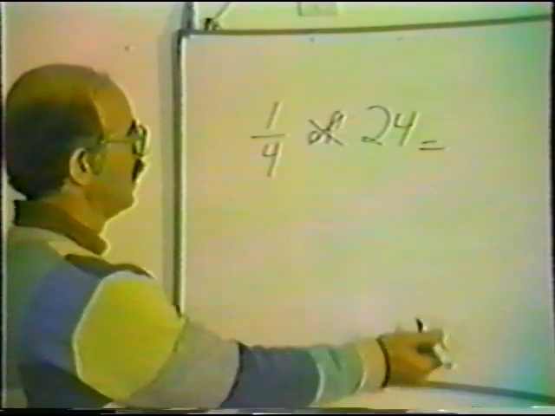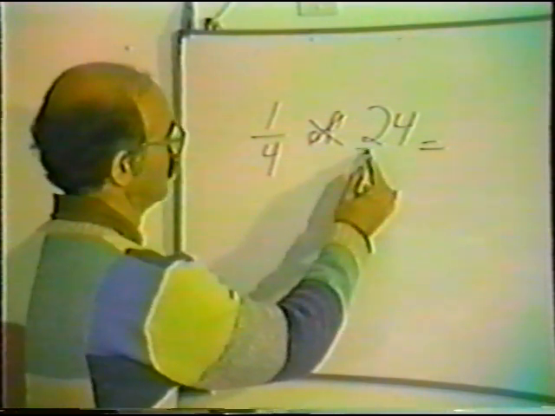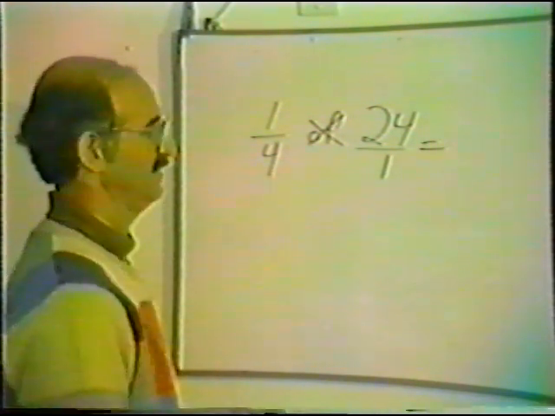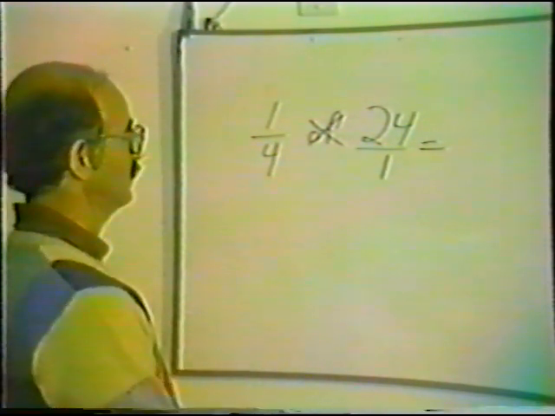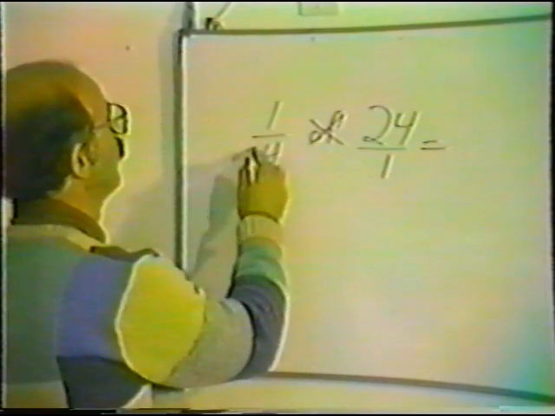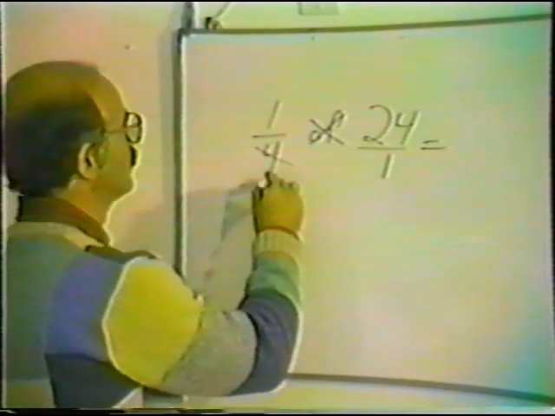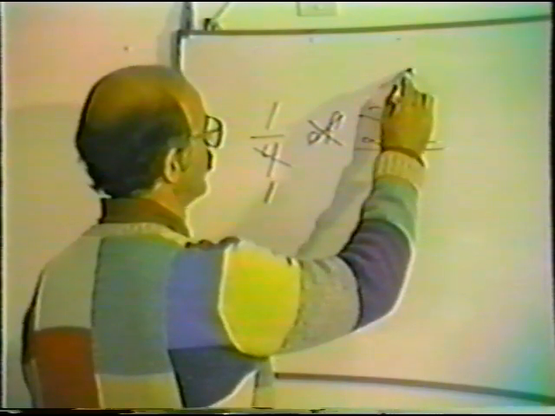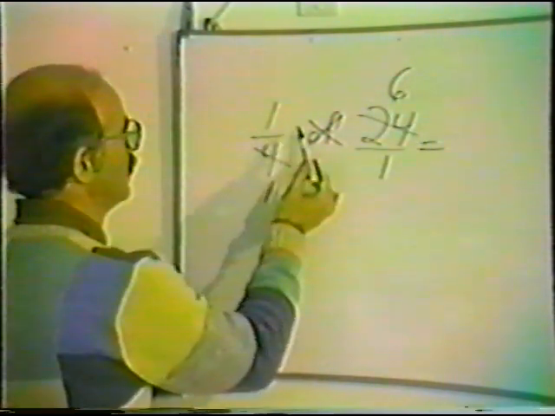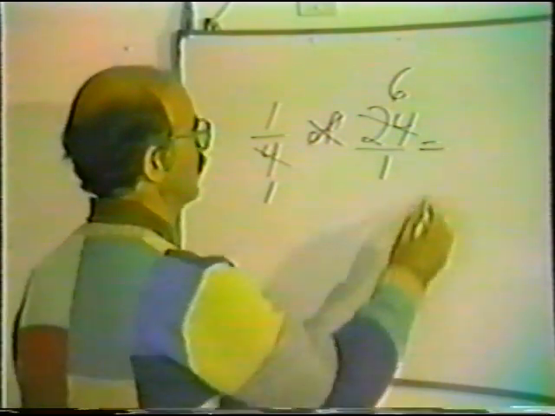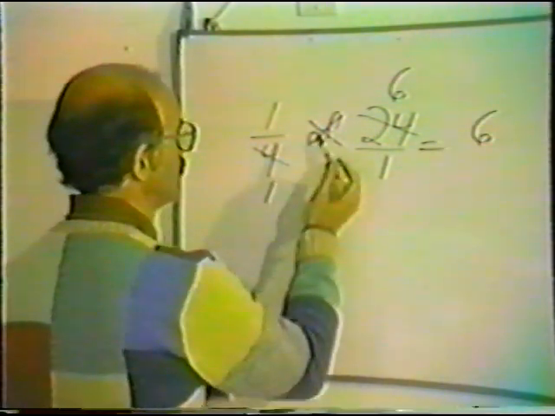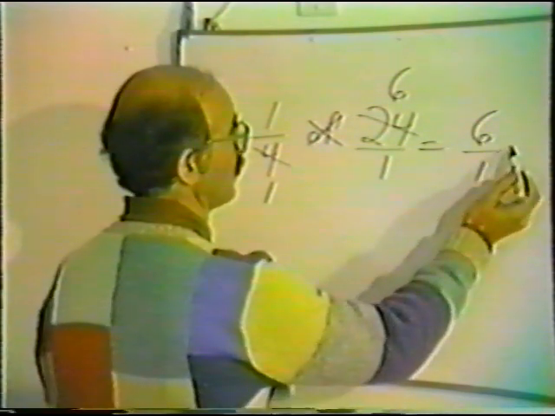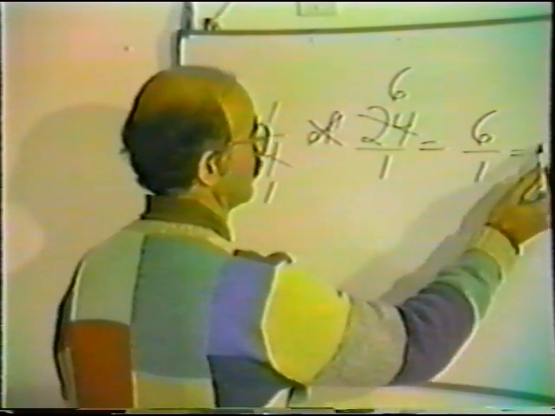Well, what shall we do with the 24? Put it over 1. Can we cancel? Yes. 4 into 4 is 1, and 4 into 24 is? 6. 1 times 6 is? 6. 1 times 1 is? 1. And 6 over 1 is? 6.